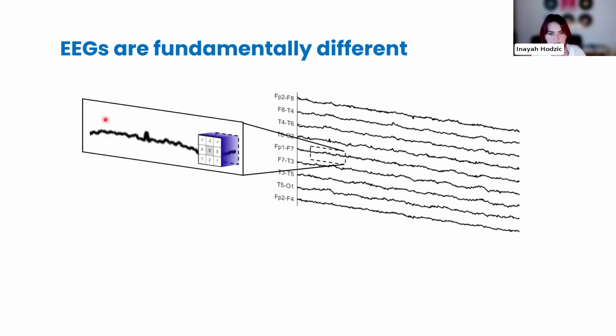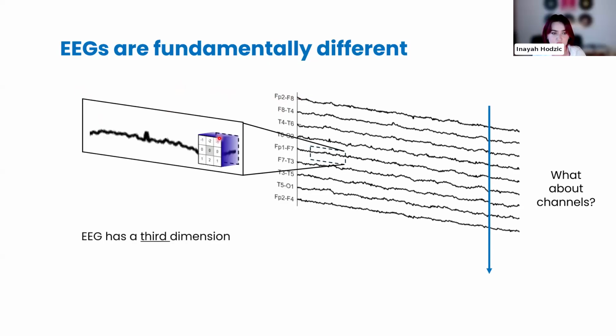But then we have the very big elephant in the room, which is what about the rest of the channels? That's the thing with EEG data, we have a third dimension. We don't just have the signal itself, so the height of the signal, let's say, we have the signal over time, but then we have also very distinct EEG channels, which all measure their own thing.